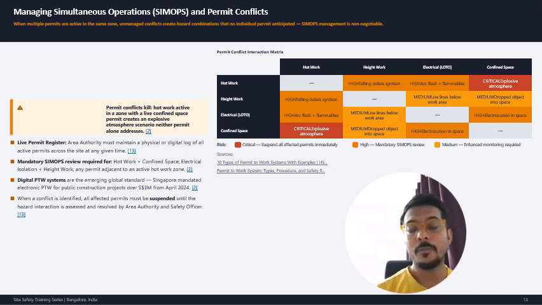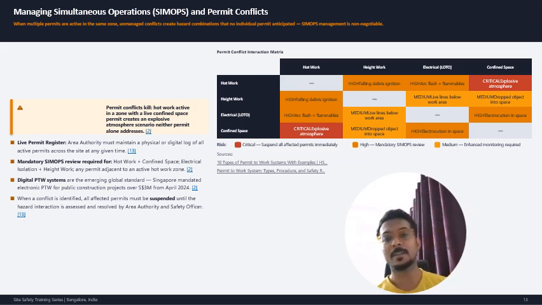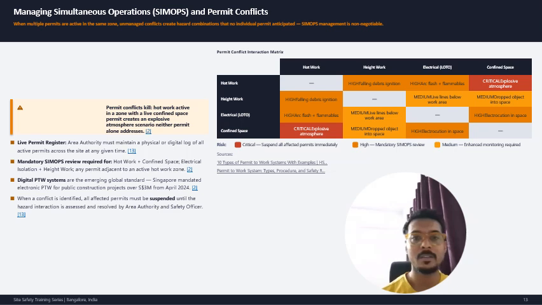Or when it is that yellow part, medium, we are not encouraging it, but if it is possible to do that, please go ahead. Electrical, height, confined, height, electrical, hot, it's fine, good to go.